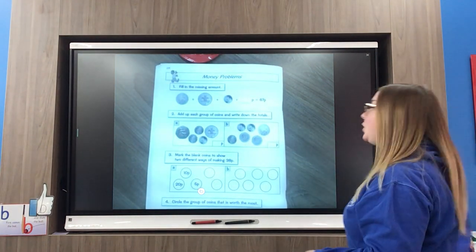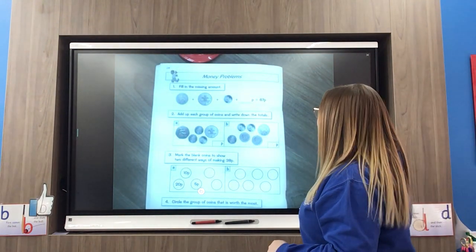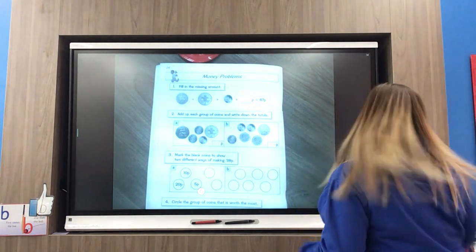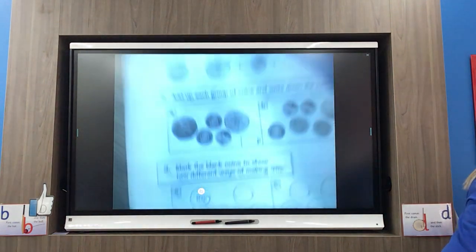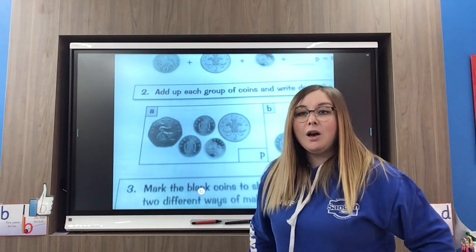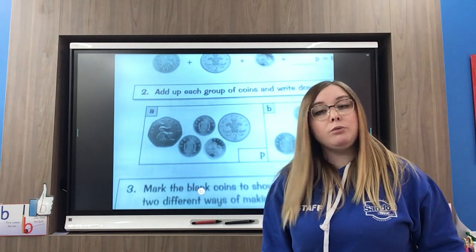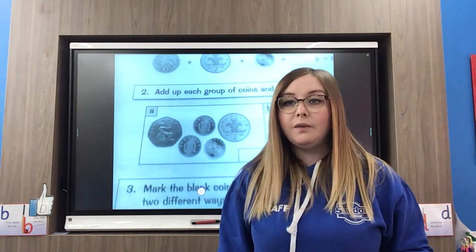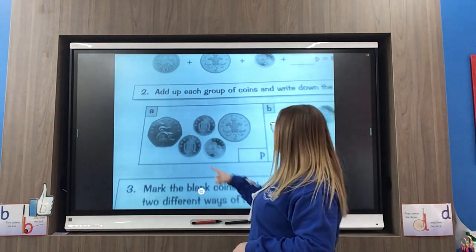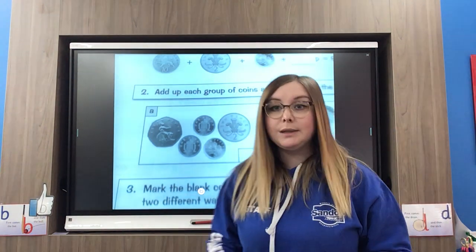Okay, so question number 2 is asking you to add up each group of coins and write down the total. So let's zoom right in on those coins. Now they are all black and white, which means you don't know what the coin is from the colour. You'll have to use your knowledge of the shape. And if you look really carefully, you can see the numbers on those coins as well.